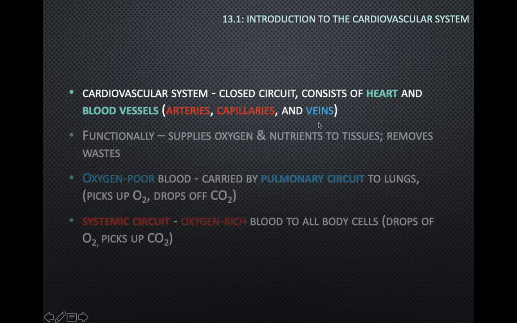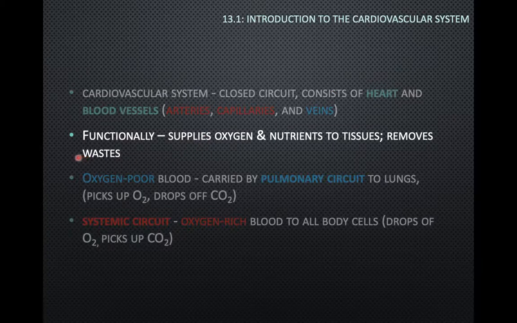And I've kind of color coordinated that the red blood vessels, the arteries and the capillaries, are oxygen rich. So anything red is oxygen rich, and anything blue, like the veins, are deoxygenated or oxygen poor. Okay, so our blood vessels are made up of arteries, capillaries, veins, and venules, actually.